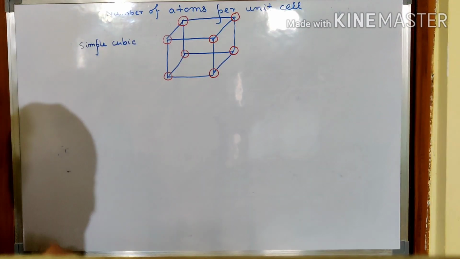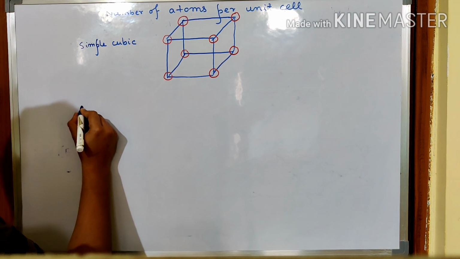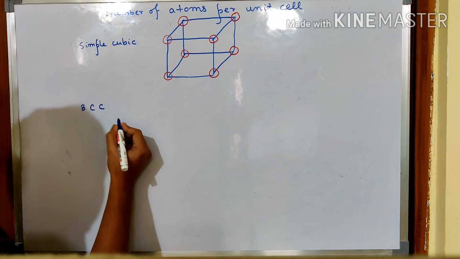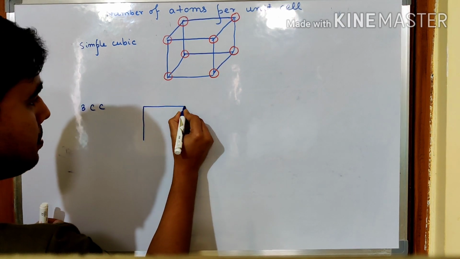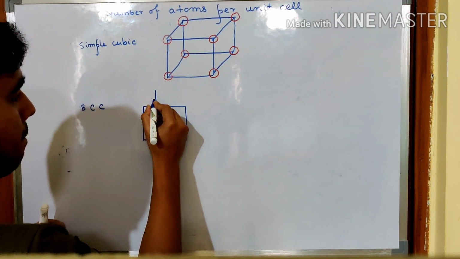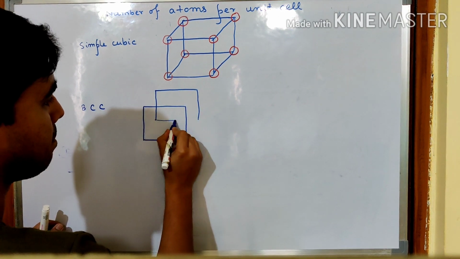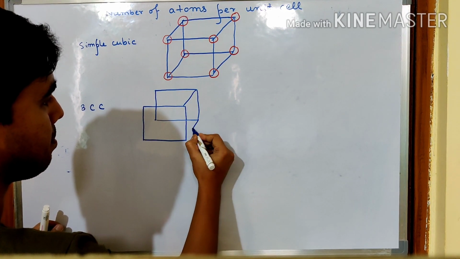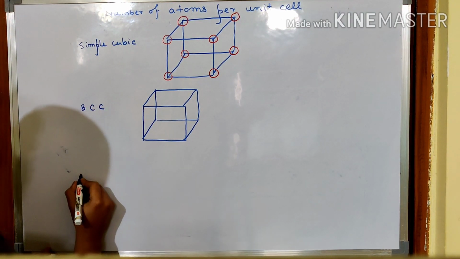So let us draw BCC and FCC also, then we will write it together. For BCC structure, it should be like this. FCC also.